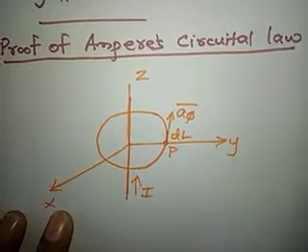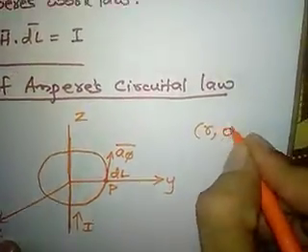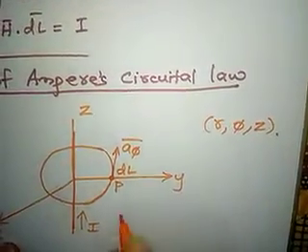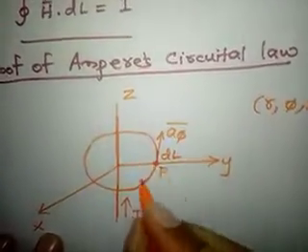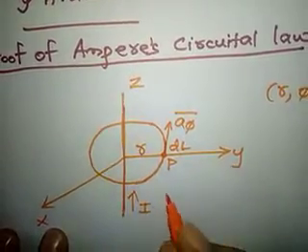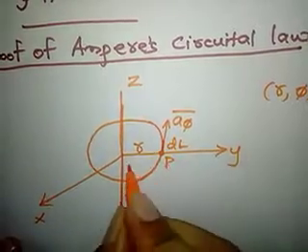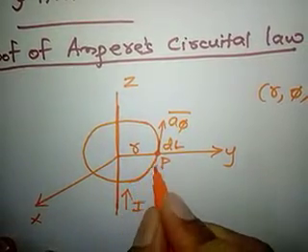In the cylindrical system, what coordinates do we have? We have r, phi, and z. The r is the radius of the cylindrical system. So from the origin to the elementary length, we have the radius r.